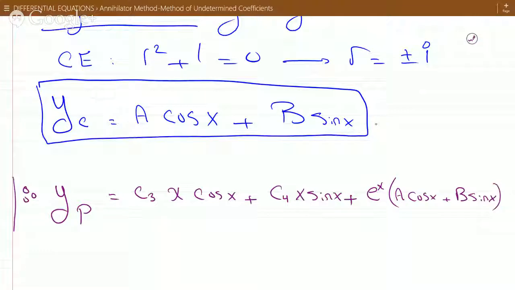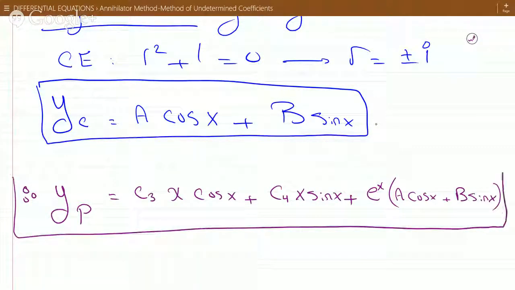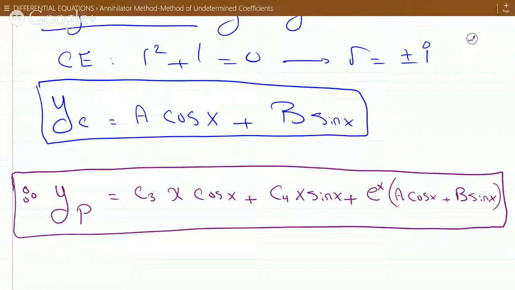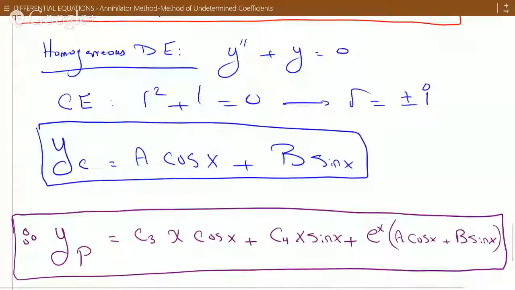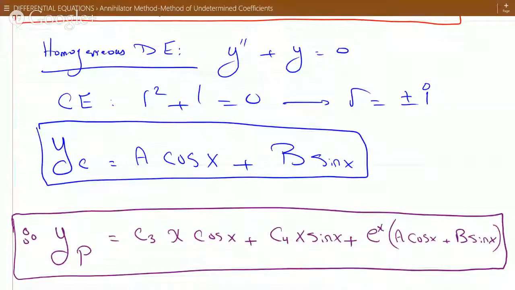So you just subtract out the y complementary from y general, you get y particular.